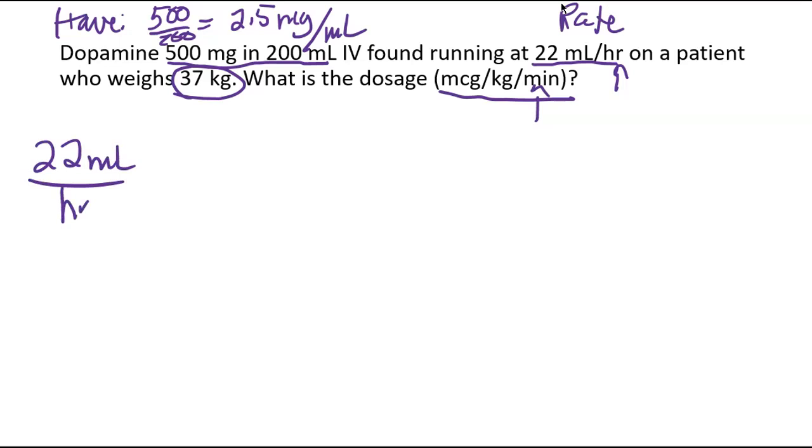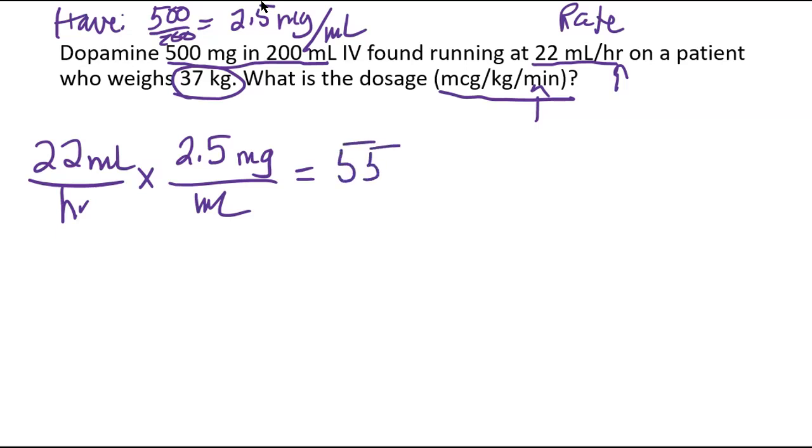And now we're going to look at what we actually have in the bag. Times, we have 2.5 milligrams per ml. And then we want hours to minutes. Actually, let's not jump ahead too much. 22 times 2.5 is going to be 55. Okay, so we actually have 55, nice whole number.